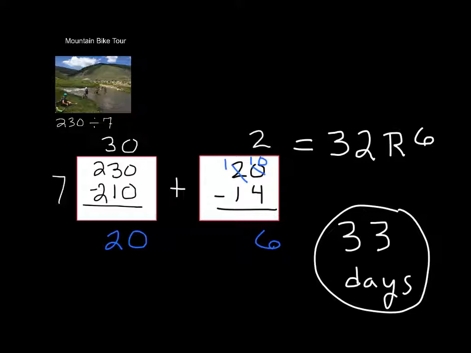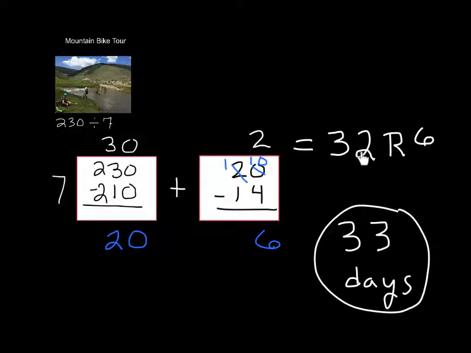If you were going to come up with an answer with a remainder, you would have 32 remainder 6. But for the actual days it would take you, you'd have those 6 miles to do on the 33rd day. So 33 days is your actual answer.